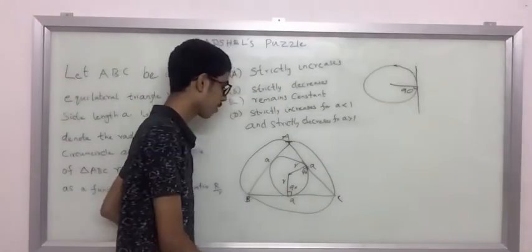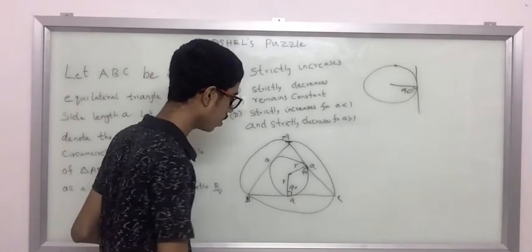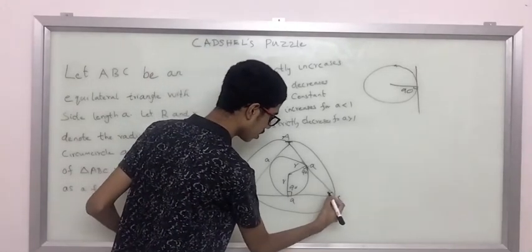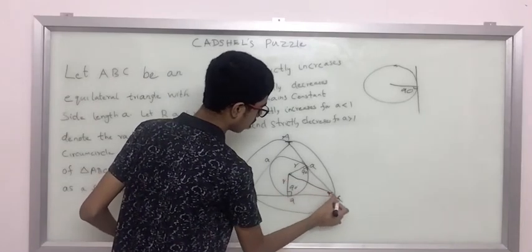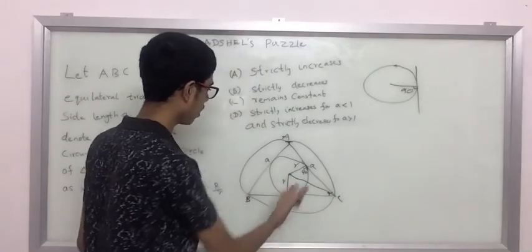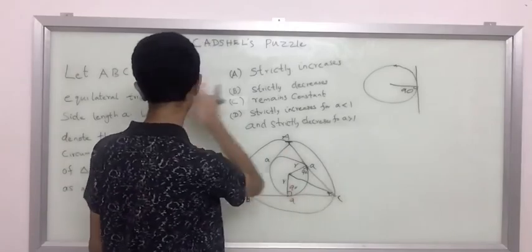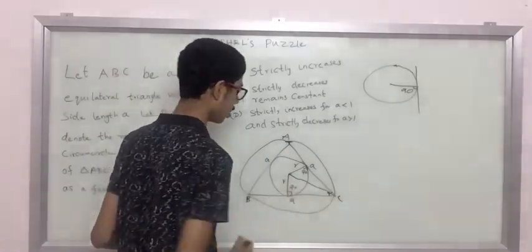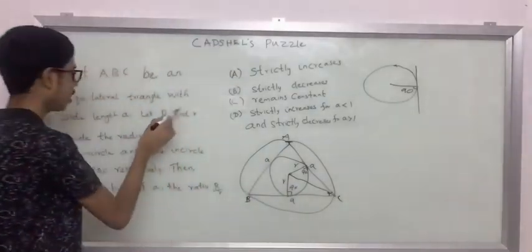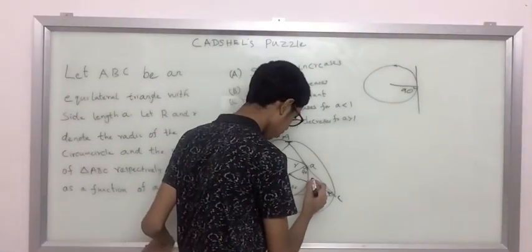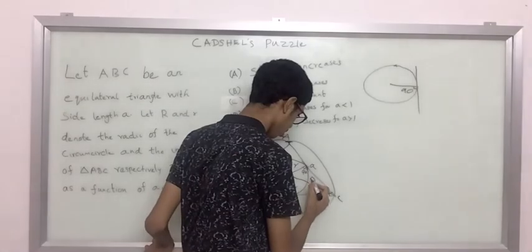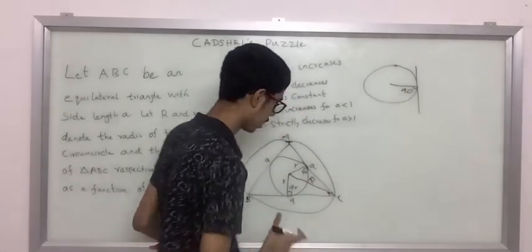Now I know this is 60, and this is the radius of the circumcircle, which is denoted by capital R, as they have given.